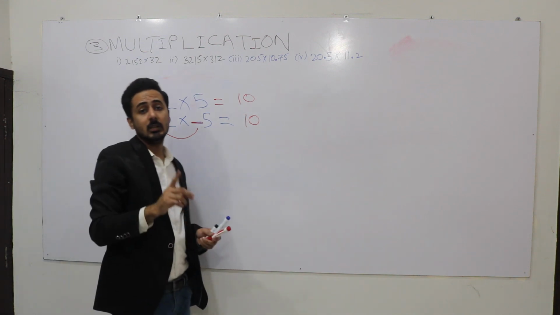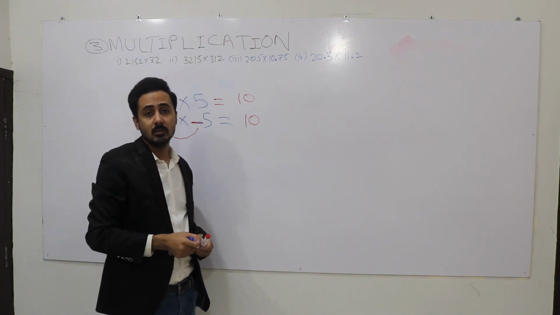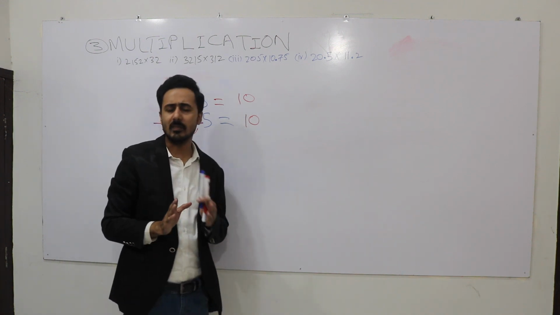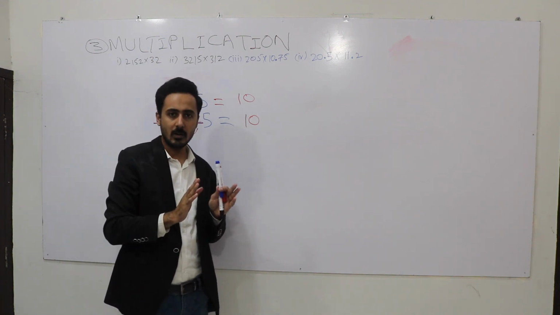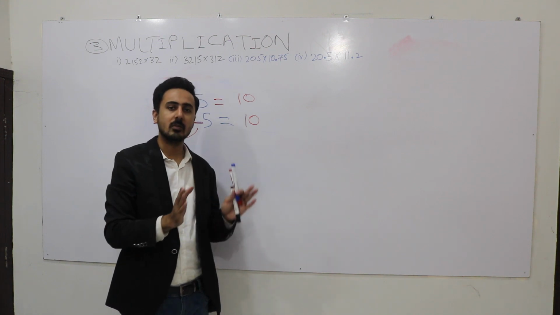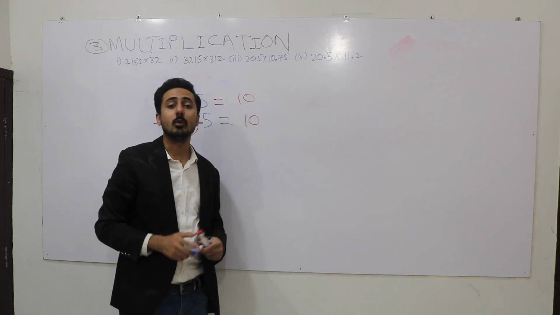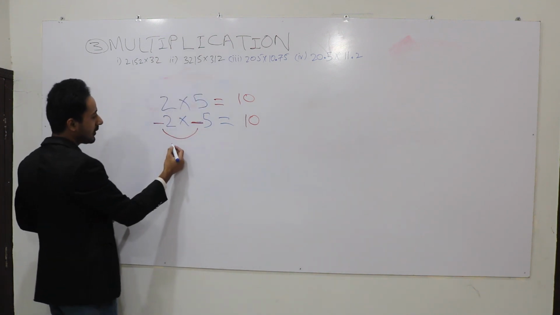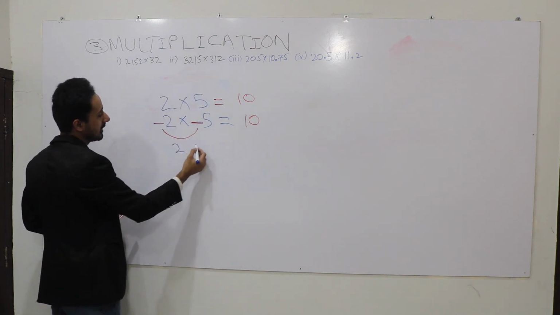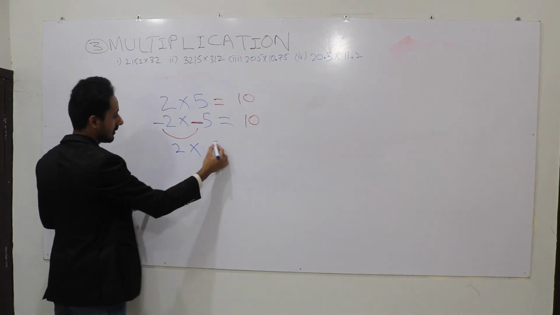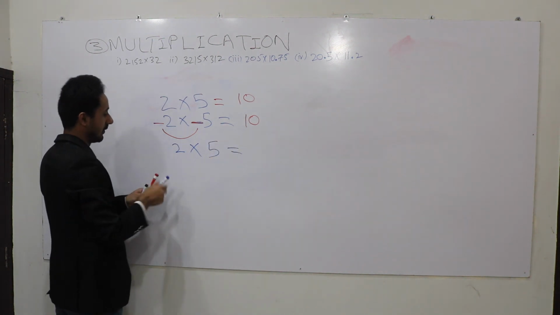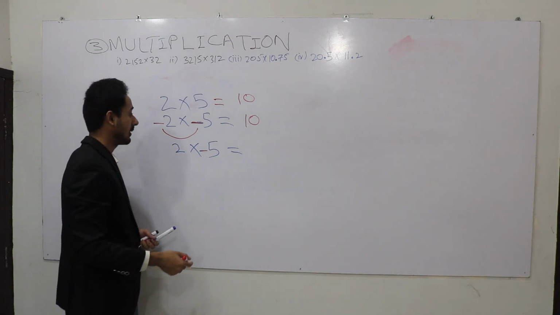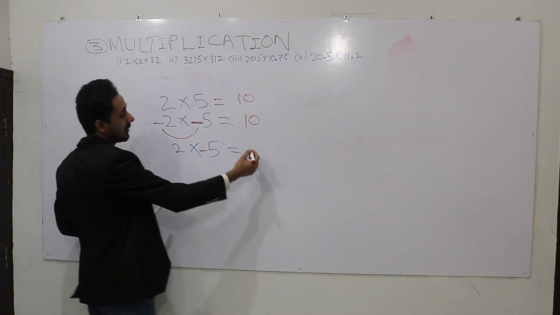But if the signs are different, if the signs are opposite, the answer will be negative. This is a very simple rule. If signs are same, answer will be positive, and if signs are opposite, the answer will be negative. Now if this 2 is positive and this 5 is negative, the signs are opposite, signs are different, so answer will be what?